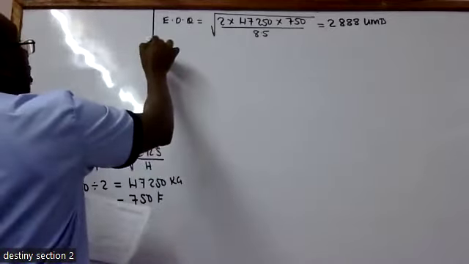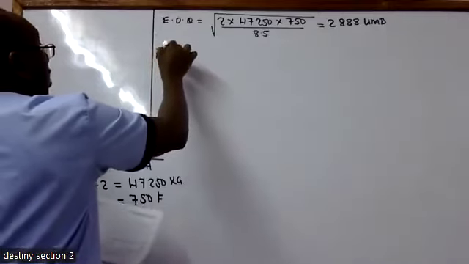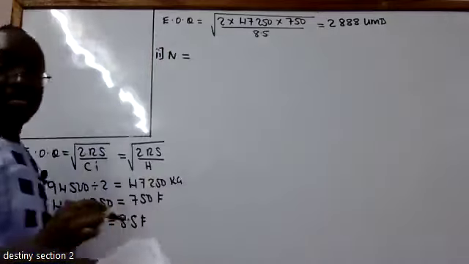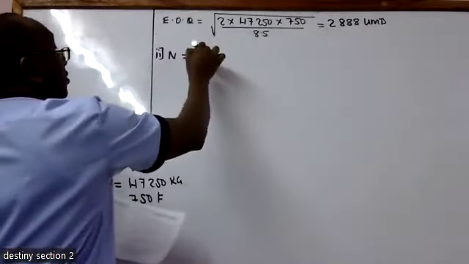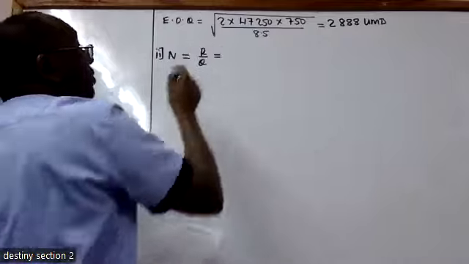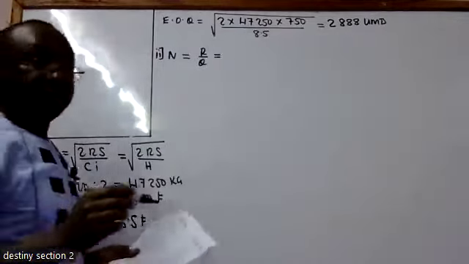So the frequency of orders. Number 2, annual number of orders, N. Annual number of orders is R out of Q. That's how we get annual number of orders.